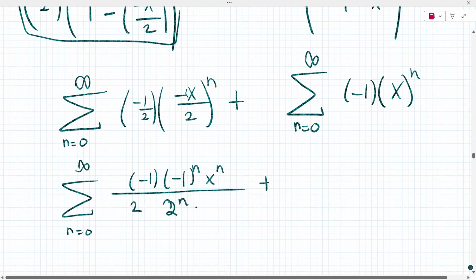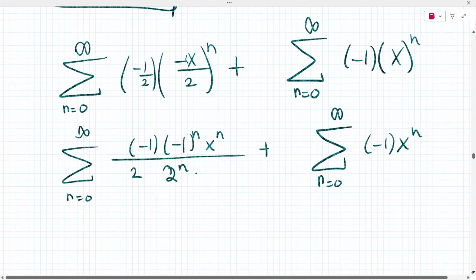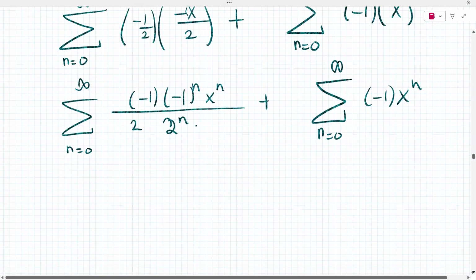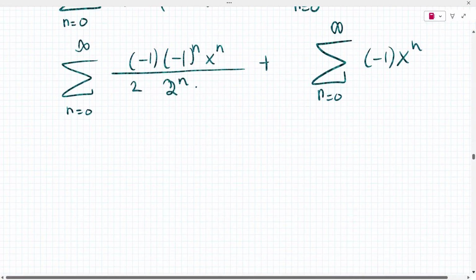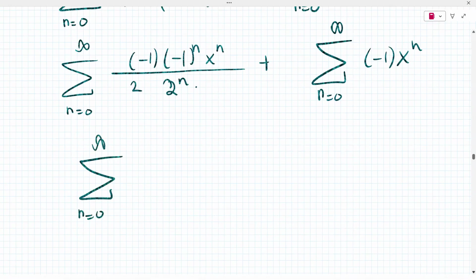And over here will be expressed as summation of n equals 0 to infinity, negative 1 x^n. And get summation of n equals 0 to infinity, negative 1 raised to the n plus 1 x^n.